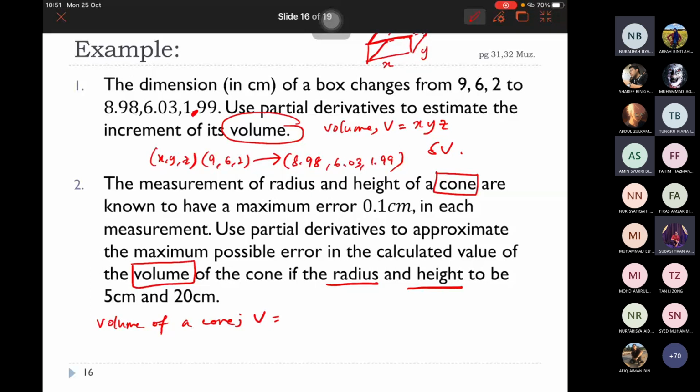One over 3 pi r squared h. Yes, correct. One over 3 pi r squared h.